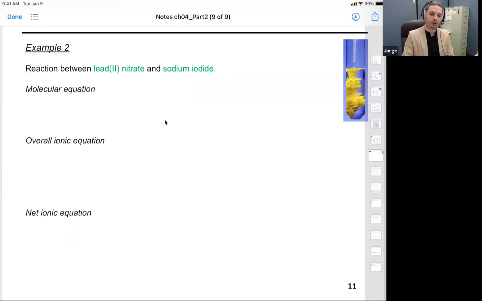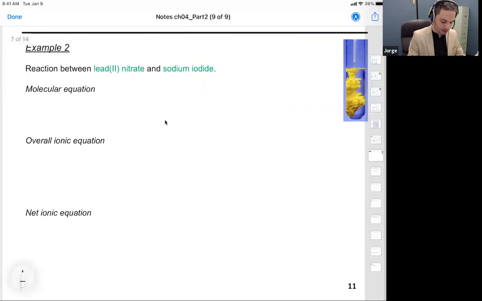However, there is another way to produce a precipitate, and that's reacting a salt with a salt. So let's see here one example for the reaction between lead-2 nitrate and sodium iodide.